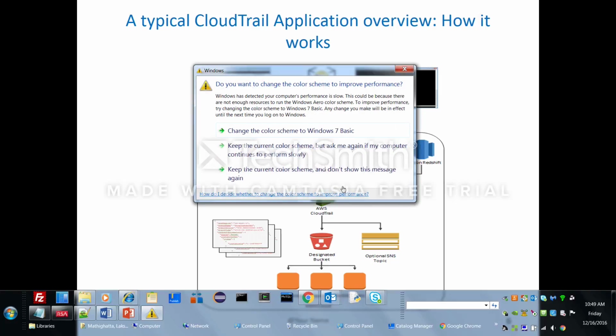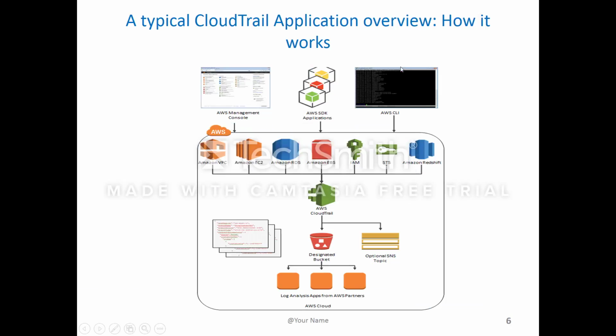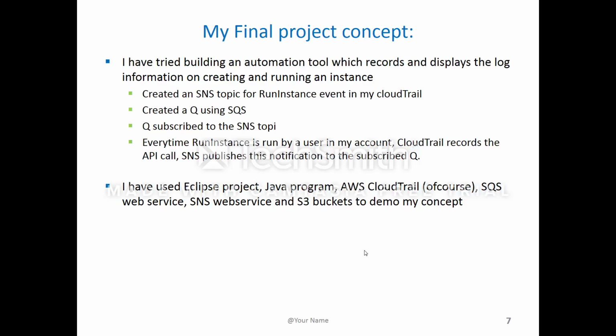It records the log information and can store it in the S3 bucket, or it can also be subscribed to an SNS topic, which I will talk about more later in this project. These log files can be used for the operational issues or security analysis I mentioned, and many more. So that's how it works.